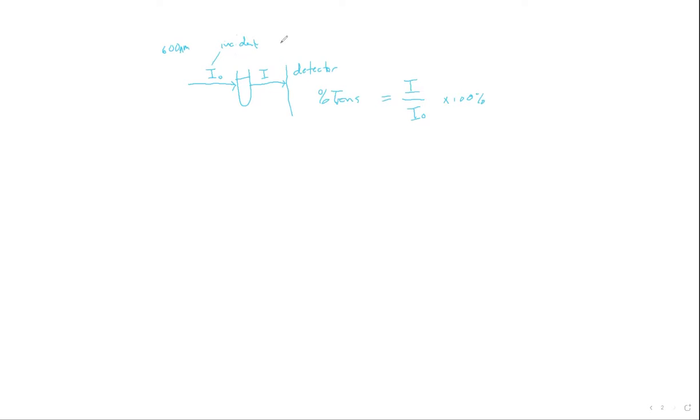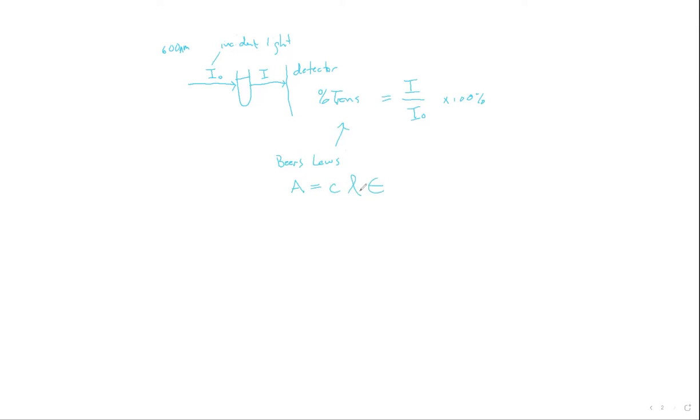This is the incident light, the amount of light that we shined into the sample, and this is the amount of light that transmitted. But this does not have a linear relationship with the concentration. And so we use Beer's law, where I wrote Beer's law earlier: the absorbance is equal to the concentration times the path length times some absorptivity constant.